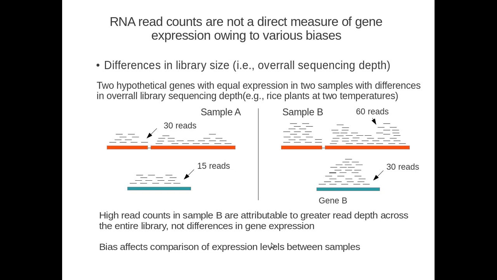And these biases affect comparisons of expression levels between samples. In contrast to the length effect, which I explained as being mostly problematic when we compare expression levels within samples between genes, this is a problem that clearly affects our ability to contrast expression levels between samples, not within samples.